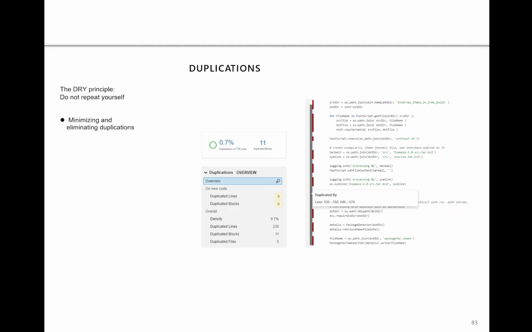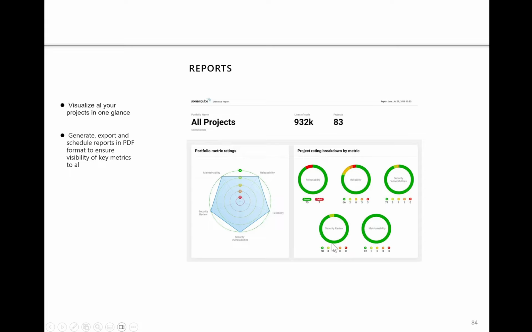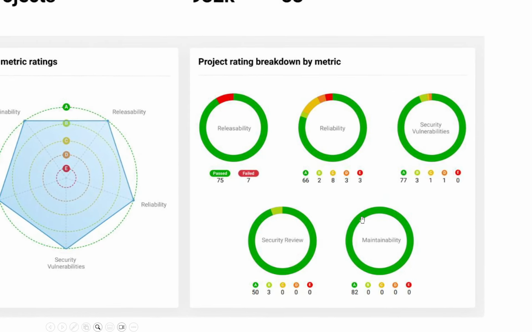So if it should do exactly the same, it's recommended to have one function, and if you want to change it, you change it once, and it consistently changes wherever it is used. But if you have two copies of the same code and change only one, then you have an inconsistency that you should avoid. Obviously you also get reports on how much debt you have, reliability and maintainability, security review, vulnerabilities and so on, and you can show how great your software is.